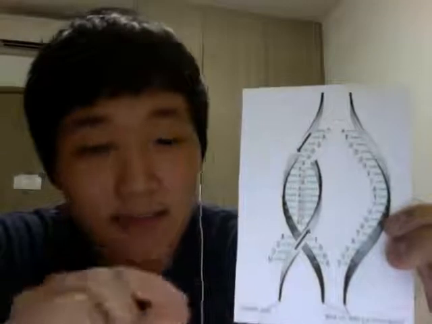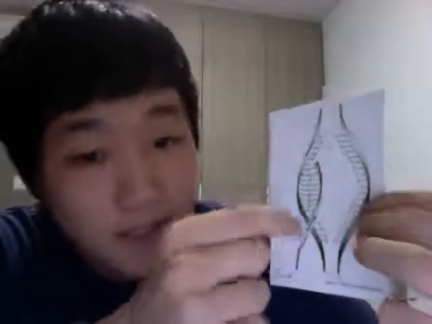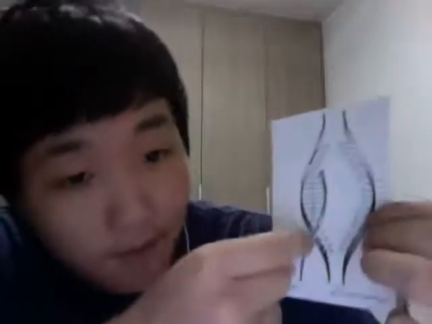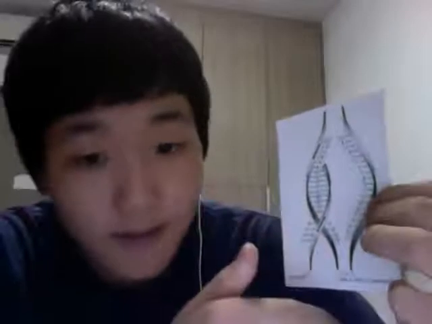Transcription is basically the process where RNA is assembled from a DNA template. The enzyme helicase unzips the DNA, like in DNA replication, and free RNA nucleotides pair up with complementary DNA nucleotides on one of the DNA strands.